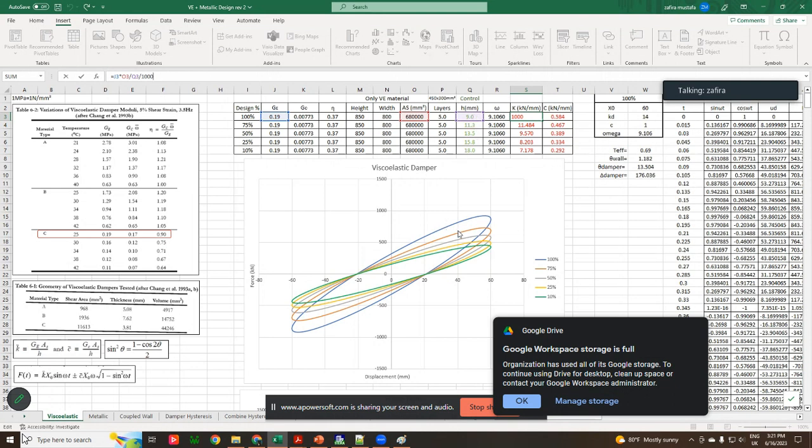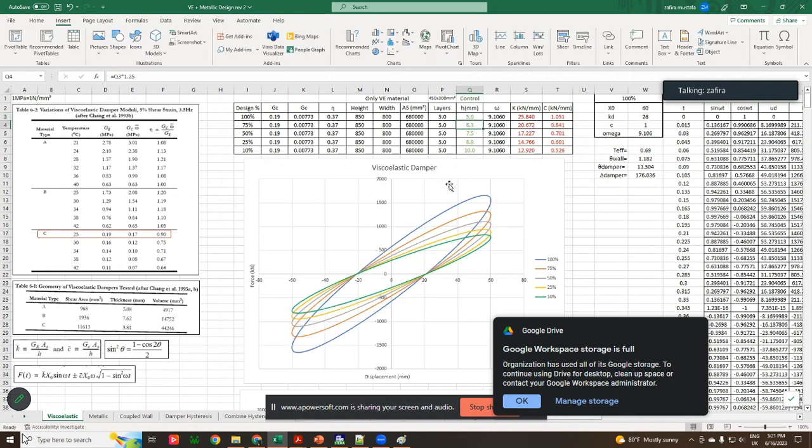If you want to increase the capacity, we can adjust the H. For example, if I put this as 5 mm, the capacity will increase. So my thickness is increased.